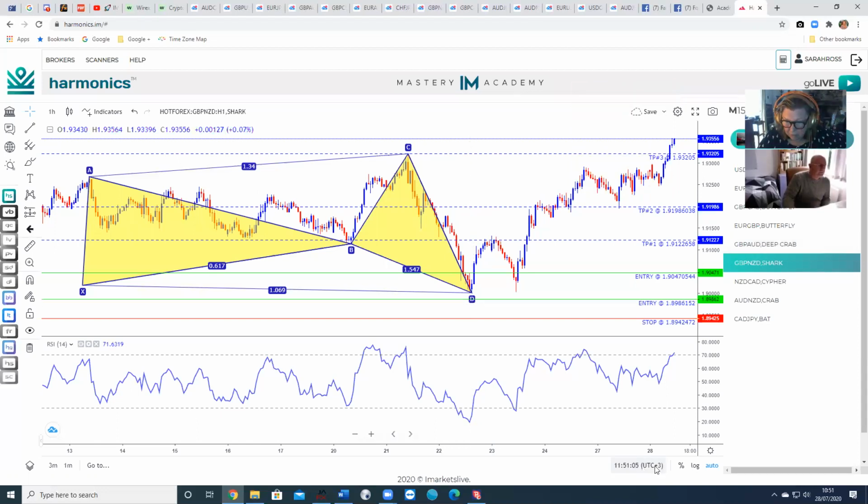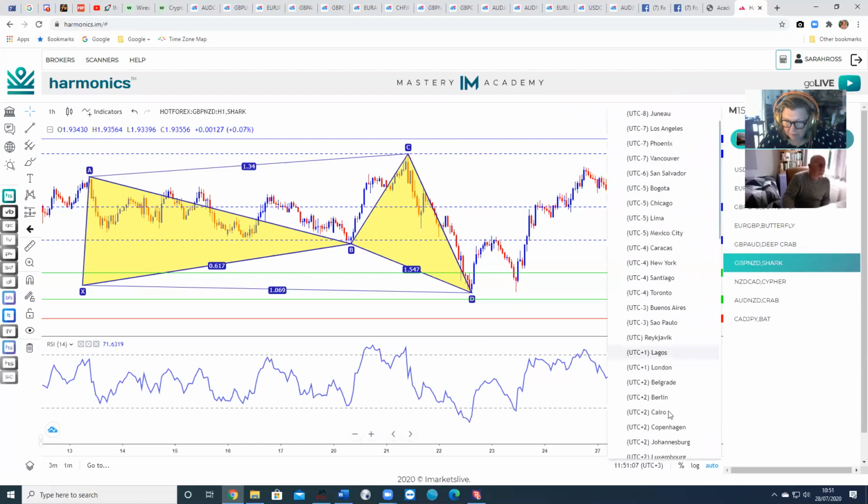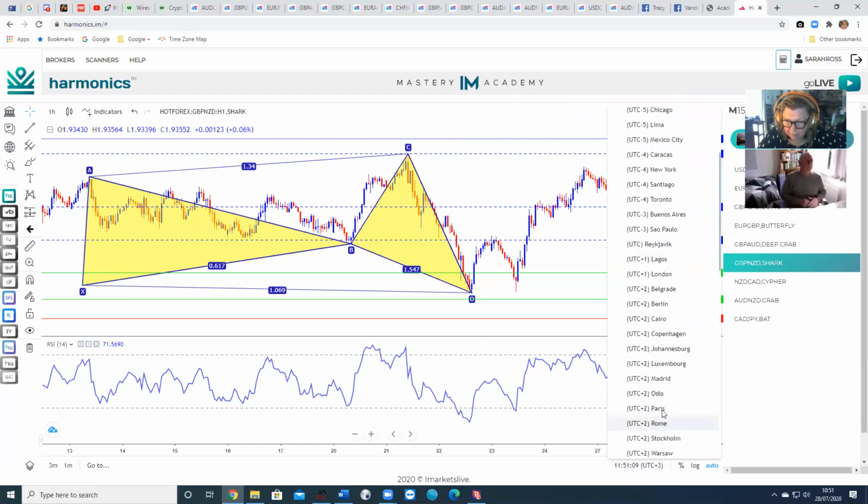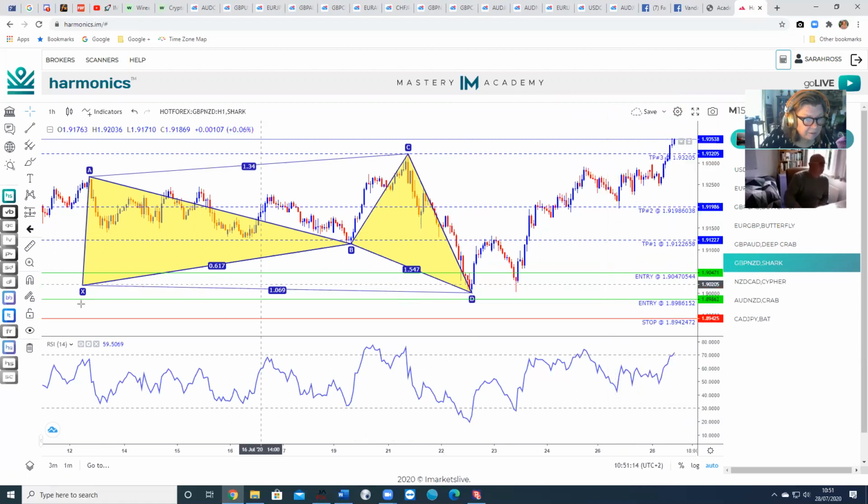Okay, so make sure your time zone is the same as your local time zone, bottom right. We've got X 13th of July at 0500, A the 13th at 0800. This is on the hourly. We've got B at 20th at 07.